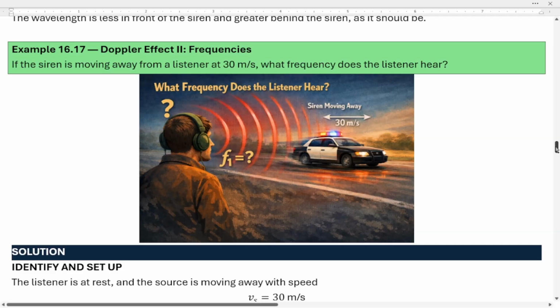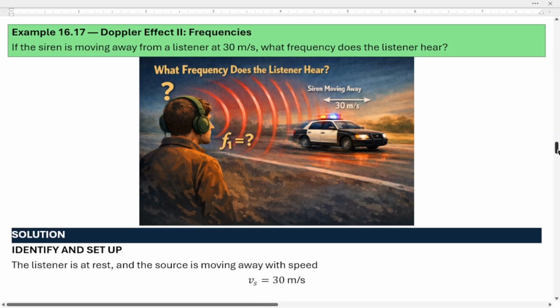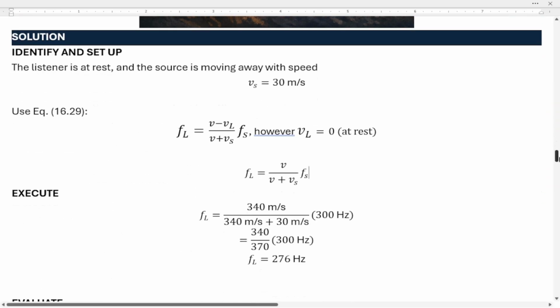Also, the velocity of the sound that we're using in this problem is the same, 340 meters per second. So what we did is that since the listener is at rest, we equate V sub L to 0.